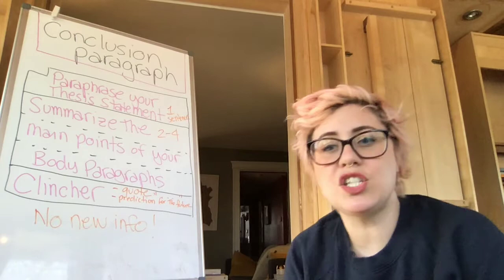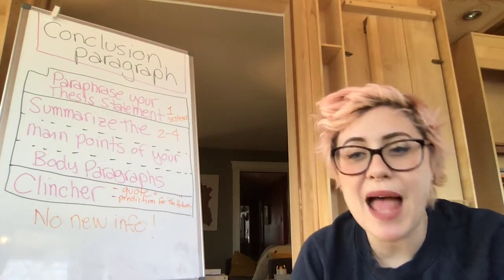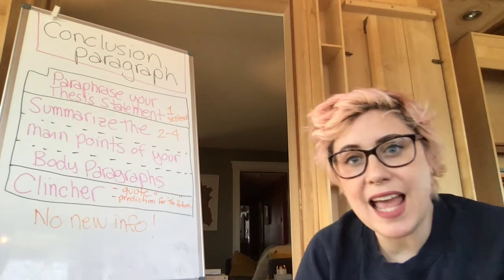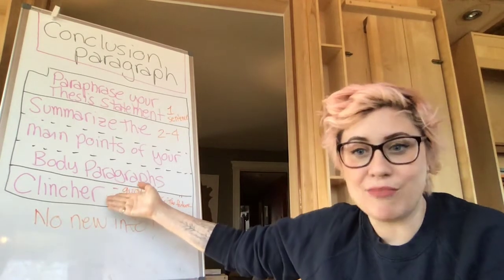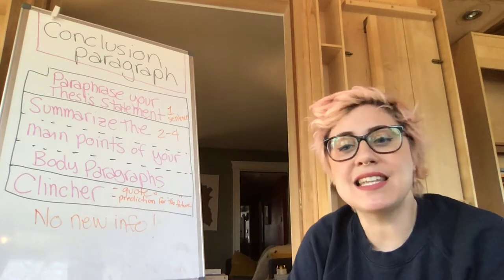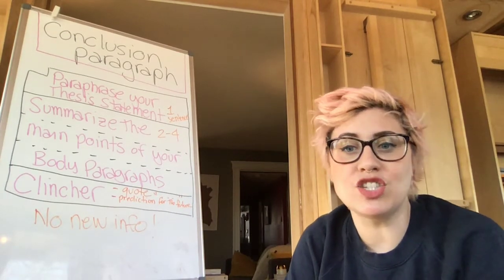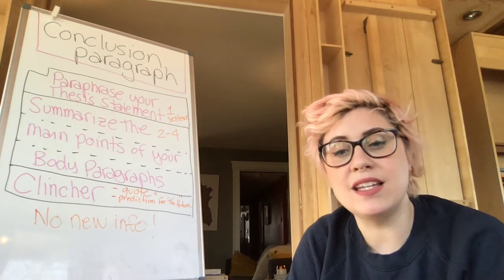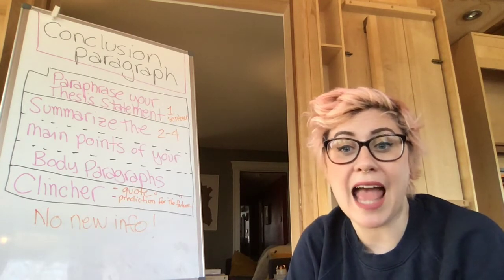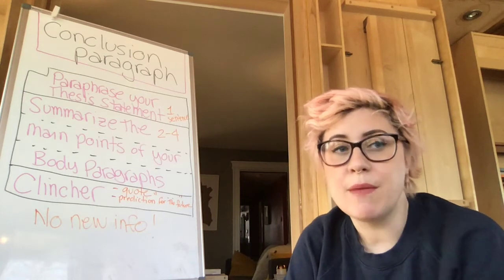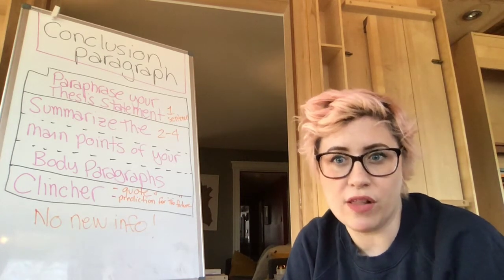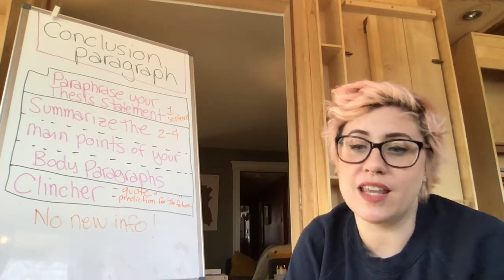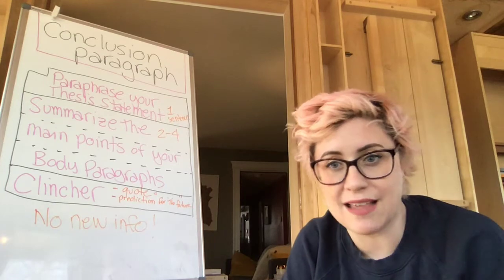So if my topic is cats are the best pets and I write a whole essay about why they are the best pets, I can say in my clincher at the end of my essay, I predict in the future we will all live in smaller homes, downtown in cities, and I predict that cats will be the most popular pet because they live very well in small environments. A prediction for the future based on the information and the topic of my essay.